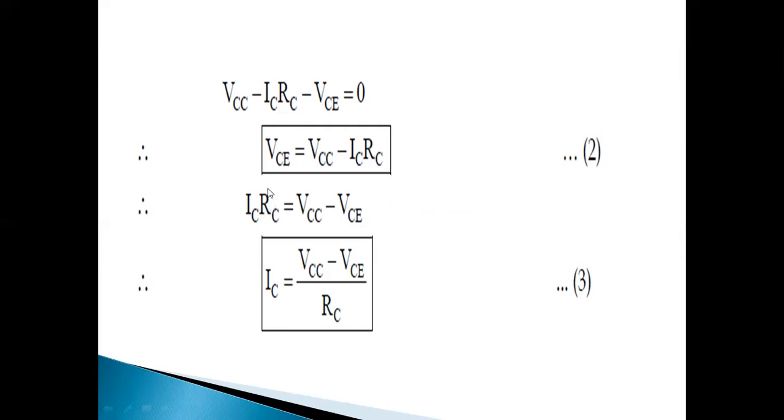Rearranging the terms, you can draw the relation for the collector current IC, which equals VCC minus VCE by RC. From this, VCC remains constant, RC is constant, and VC is also constant because the IB value remains constant. So the collector current will be fixed.